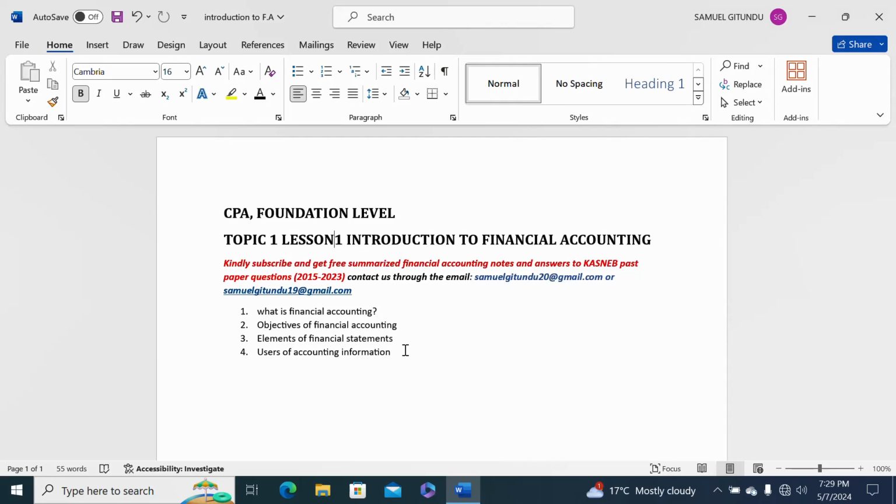Who are these people that need the accounting information? Starting with the first objective, what is financial accounting, we can first start with the definition of financial accounting.